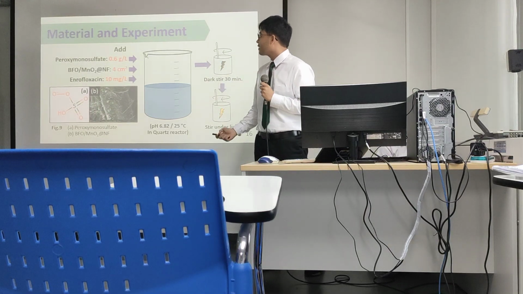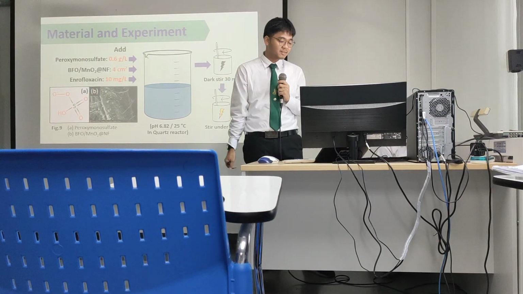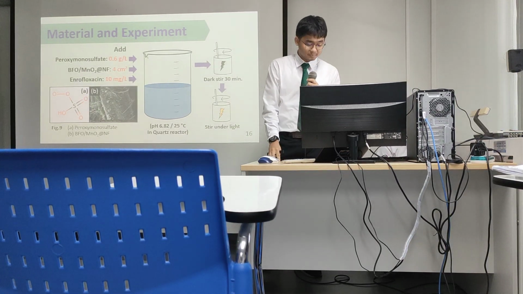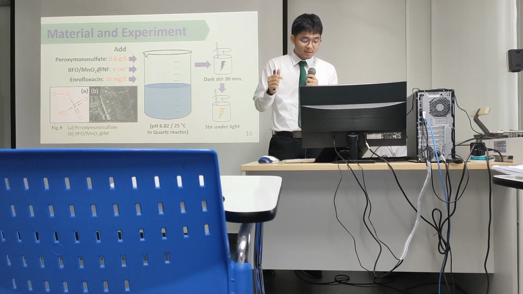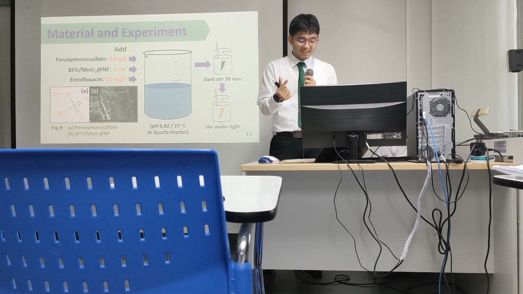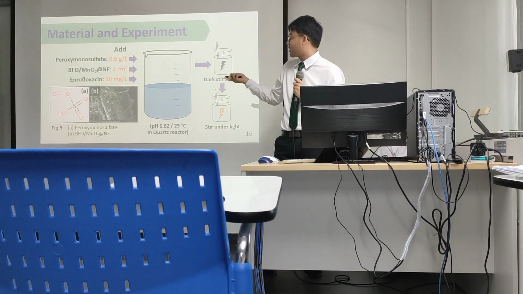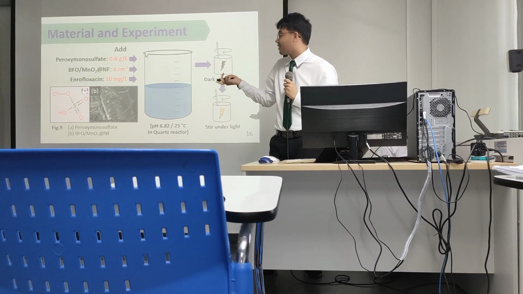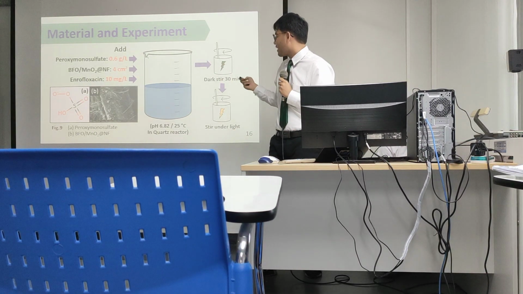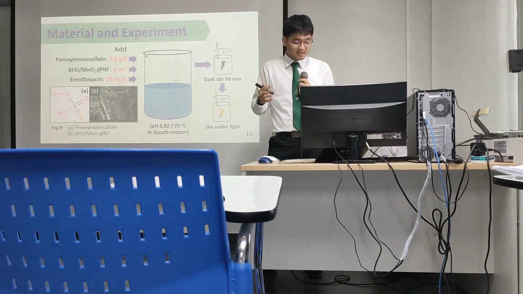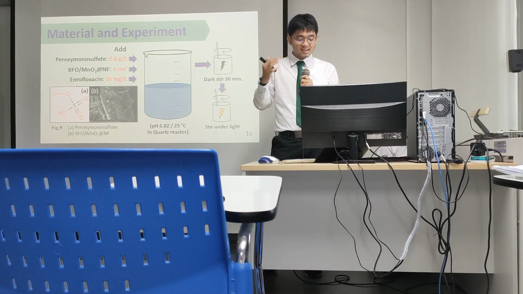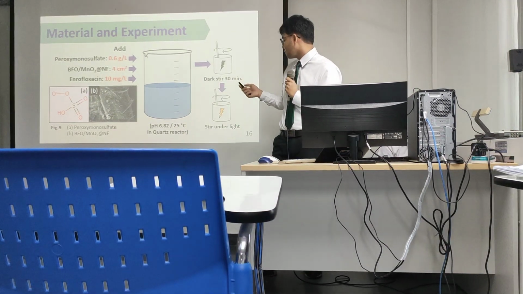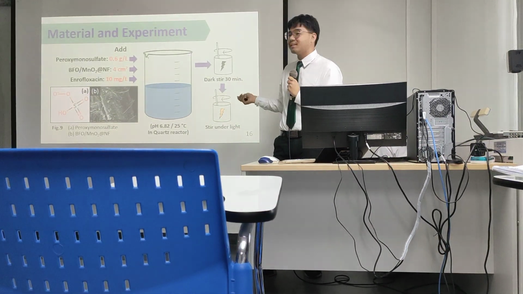Materials and experiment. The peroxymonosulfate with bismuth ferrite manganese dioxide on nickel foam is the catalyst we use, and we use enrofloxacin. After mixing, we stir it without light for half an hour, and then stir it under light.